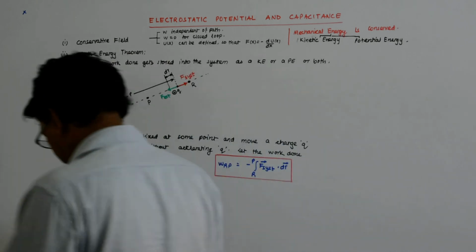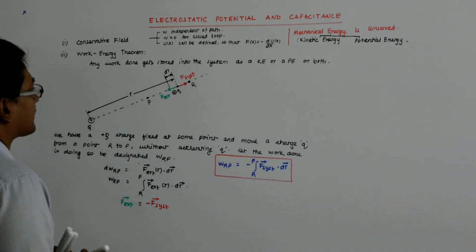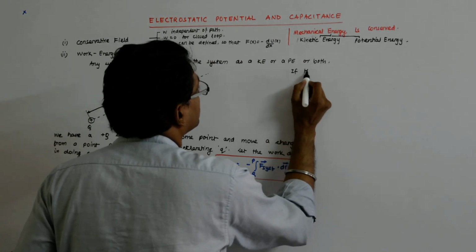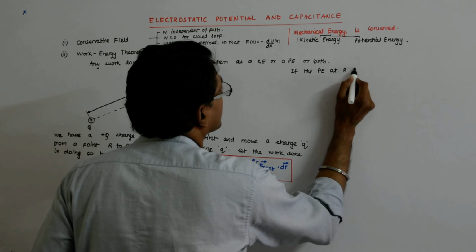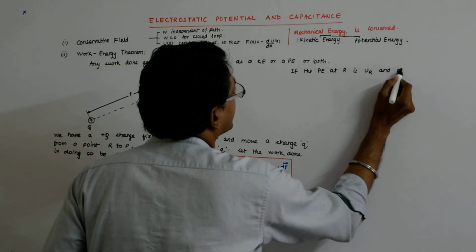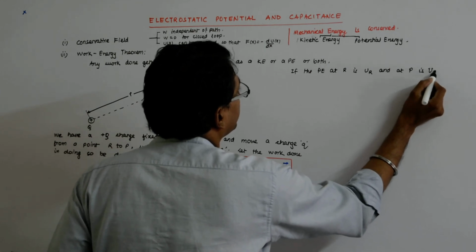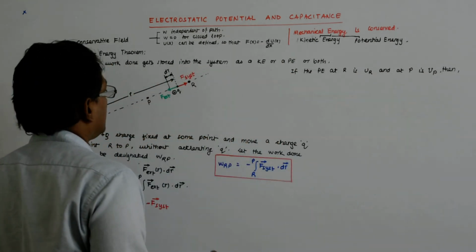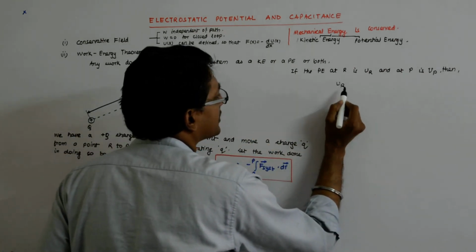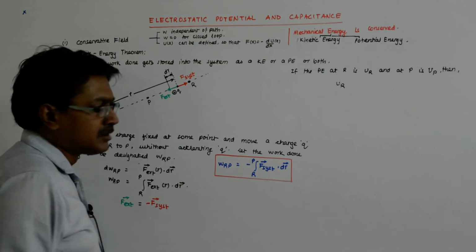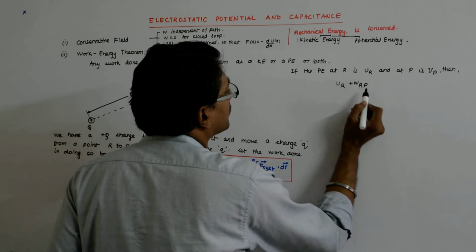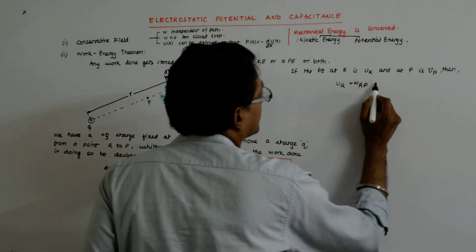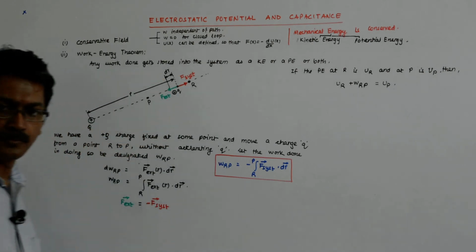So if the potential energy at R is UR and at P is UP, then whatever is the potential energy at R, UR, plus the work that you do in moving from R to P becomes UP.